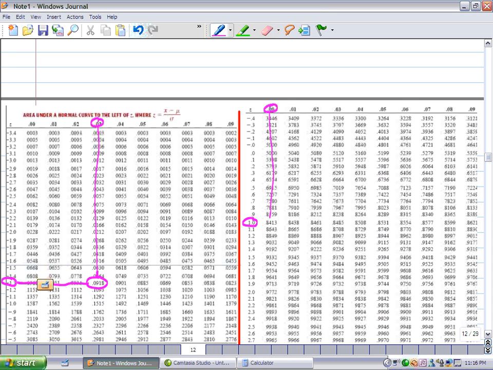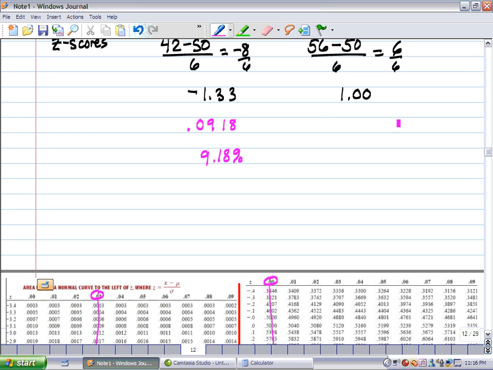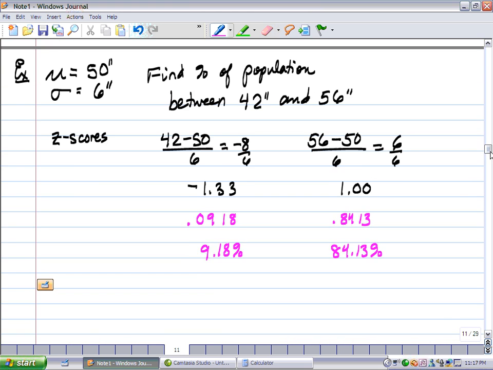So 1.00 is 0.8413. And that's going to be 84.13%. So 84.13% of the population is shorter than 56 inches. 9.18% is actually shorter than 42 inches.